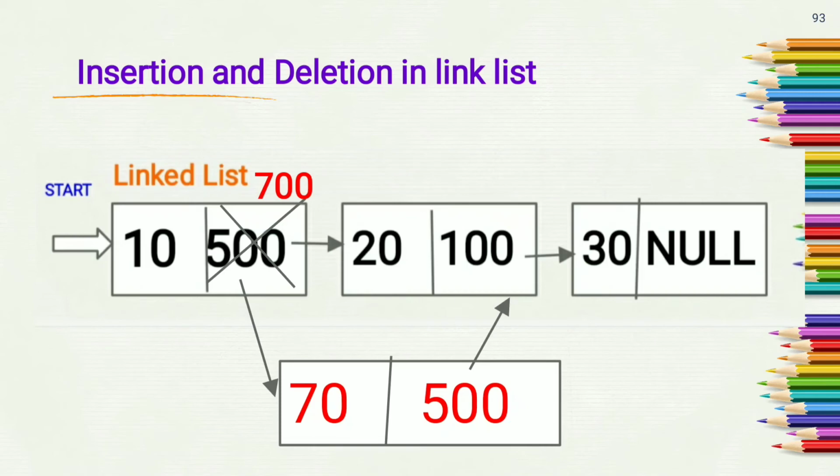So after insertion we will get 10, then 70, then 20 and then 30. Similarly, if you want to delete a node, then simply you have to update link part of the first node. So insertion and deletion are very simple in linked list.